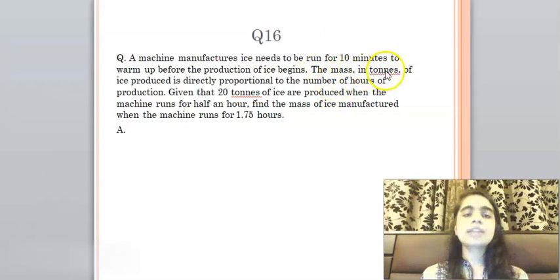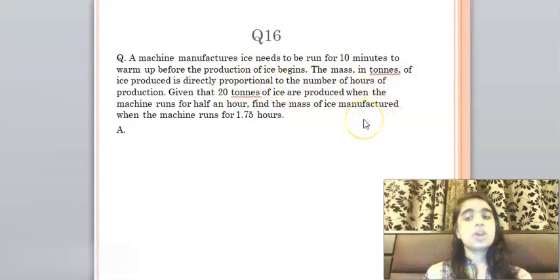The mass in tons of ice produced is directly proportional to the number of hours of production. So the mass depends upon the hours of production, the other hours of production, which are additional to this 10 minutes. Okay.